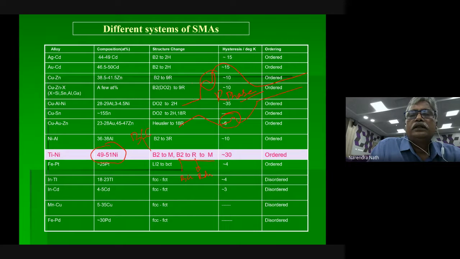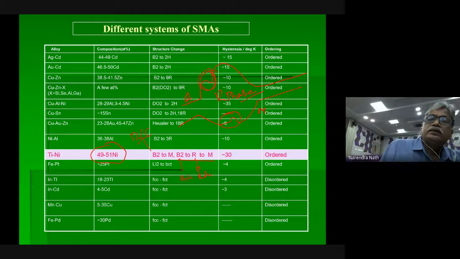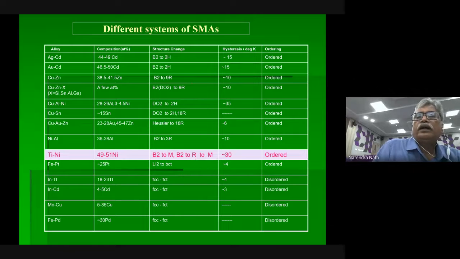That means austenite to martensite transformation is taking place through rhombohedral, and people are using this as an advantage to suit their applications. So you can remove this through processing, through treatment, but you can also increase this phase. That depends again on how you are going to make it, for what purpose you are going to use it. So this is the way, and hysteresis is around 30, and structure is ordered.